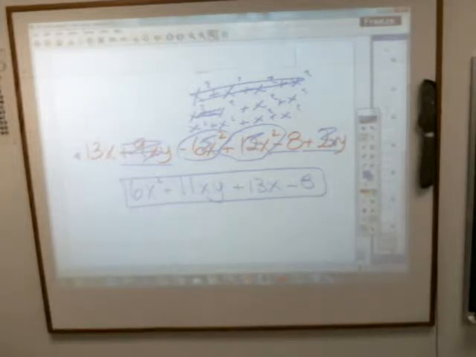Take a look at those last problems where you're supposed to just be adding. Please know that if something's not in parentheses, and it makes you more comfortable to put it in parentheses, by all means. It matters not.